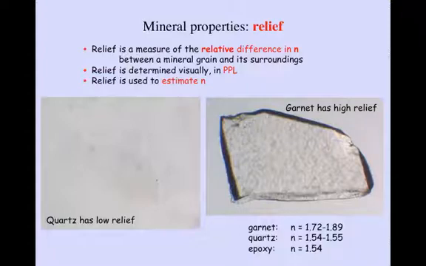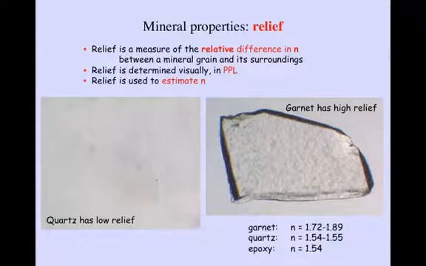The refractive index of the epoxy is much lower than that of garnet. If you look at the values on the right-hand side here, you'll see that epoxy has a refractive index of 1.54, and garnet is about 1.7 to 1.9. So even though the numbers are small, that amount of difference has a great effect on the kind of relief that you see.